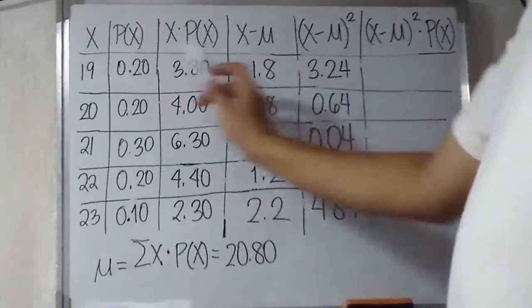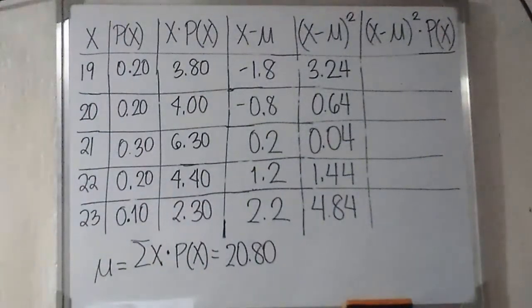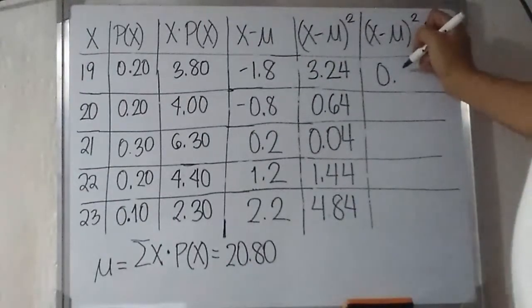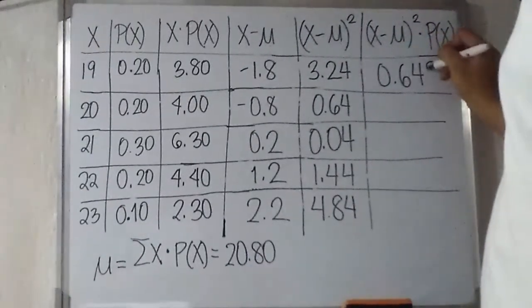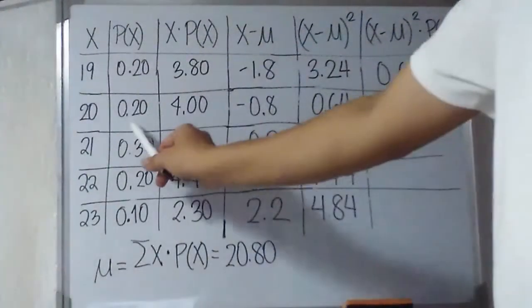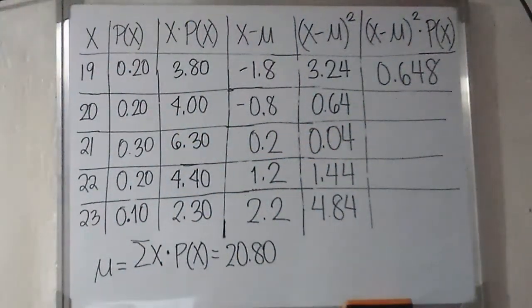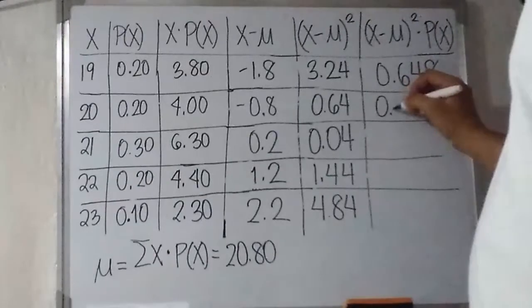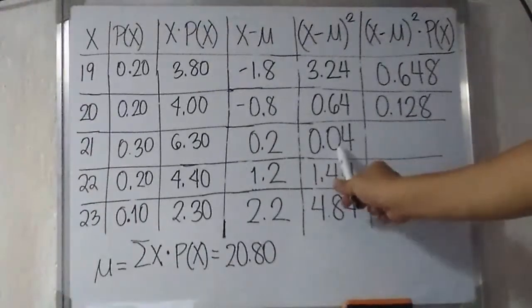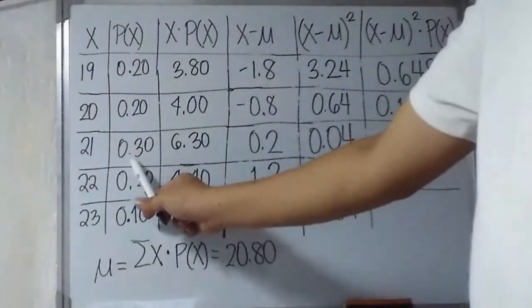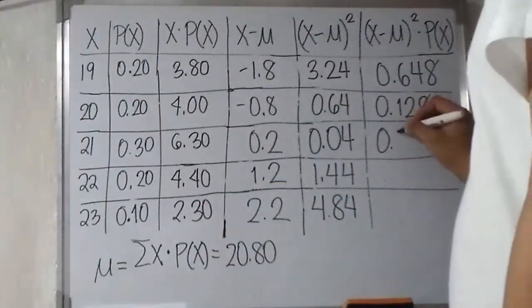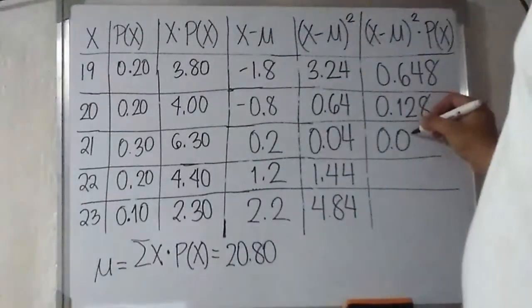So 3.24 times 0.20, that would be 0.648. 0.64 multiplied by 0.20, that would be 0.128. 0.04 multiplied by the probability 0.30 is 0.012.